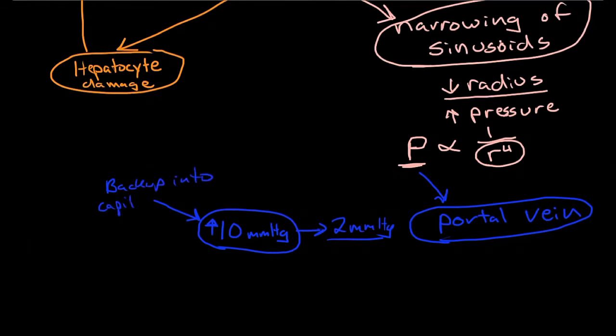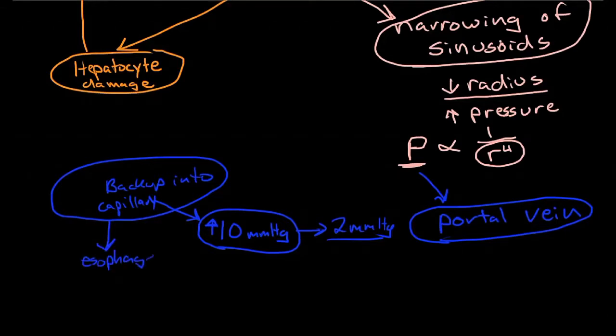And the capillary bed, remember, is in the gut, and so we end up with engorged veins and capillaries in the gut. And this leads to problems like esophageal and rectal varices, and it also interferes with gut absorption, and of course it leads to ascites.